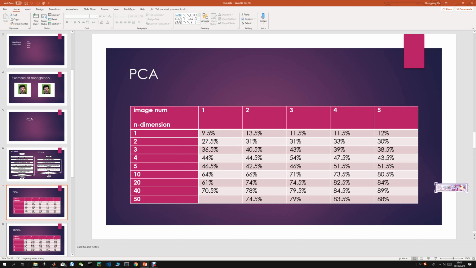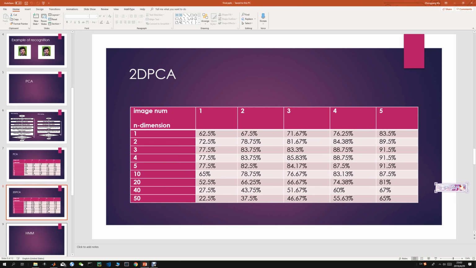The result is 89%, which is acceptable. Then the 2D PCA result: as we can see, 2D PCA will use fewer vectors. We can use just five dimensions, which means 5 vectors, to get the best result, 91.5%.